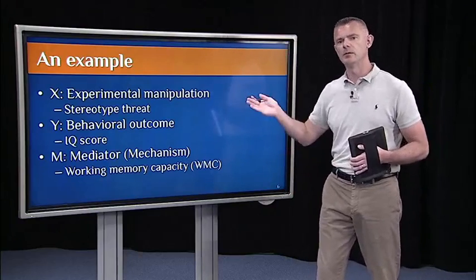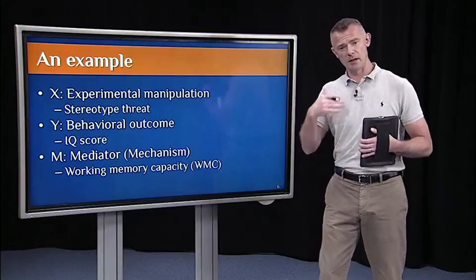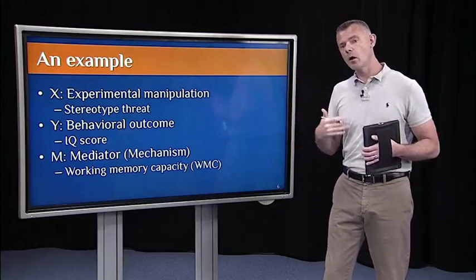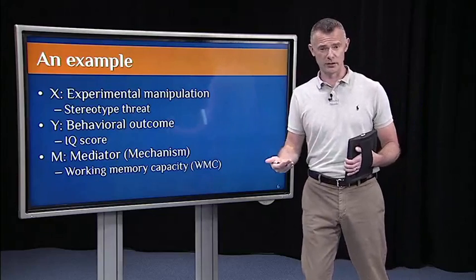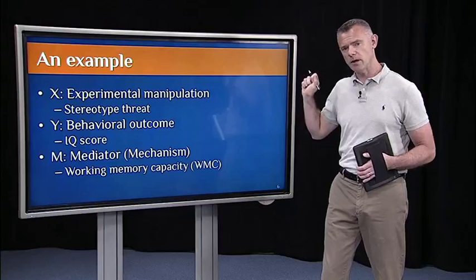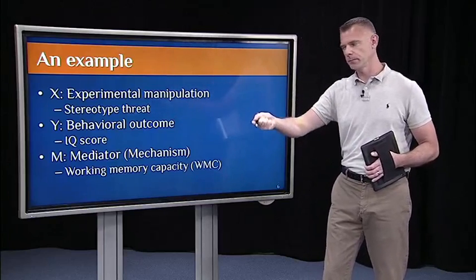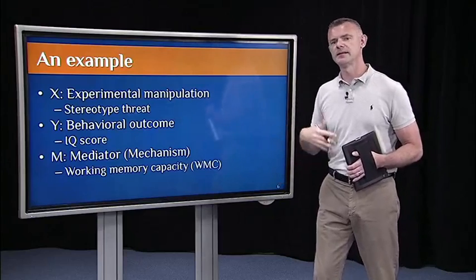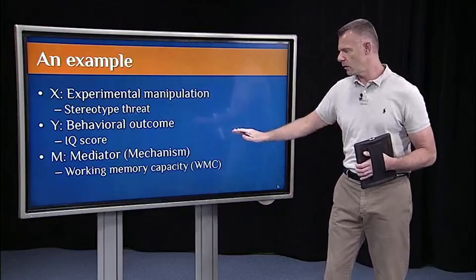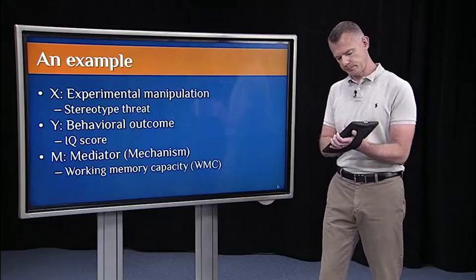That is, what a threat manipulation does is it disrupts people who are under threat, they become distracted, and their working memory is therefore less efficient. So threat influences working memory capacity, which in turn influences IQ performance. In this case, it's the mediator. In other words, it's the mechanism through which the effect occurs.